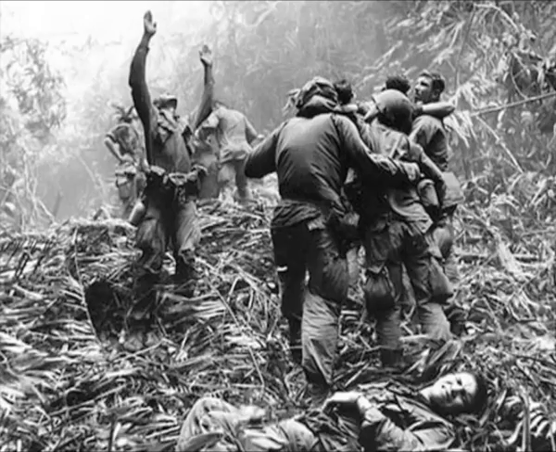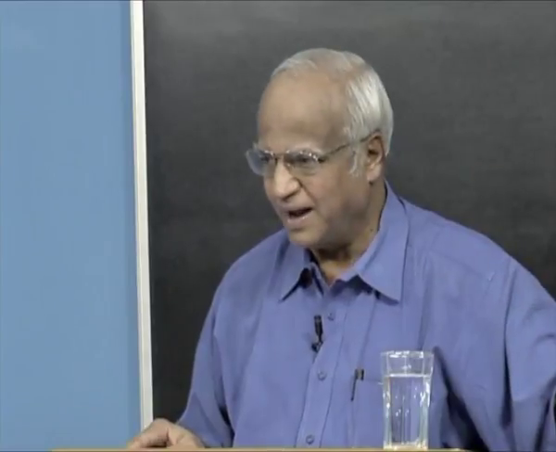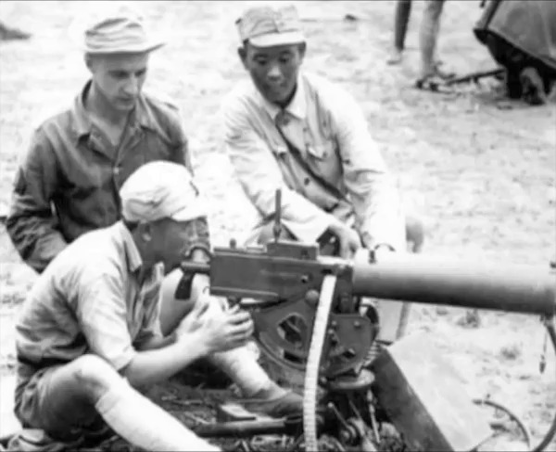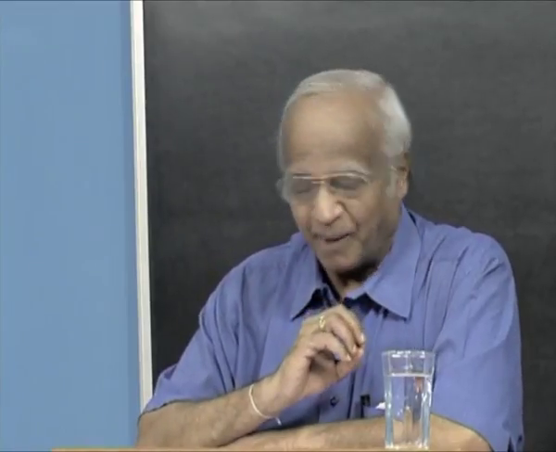And it's also something to do with the larger worldview, you know, the Vietnam War, the civil rights movement in America, India not exactly developing in the way in which Nehru thought it might develop, the Chinese war against India, the Pakistani war with India. All these things created a sense of insecurity in the Indian mind.